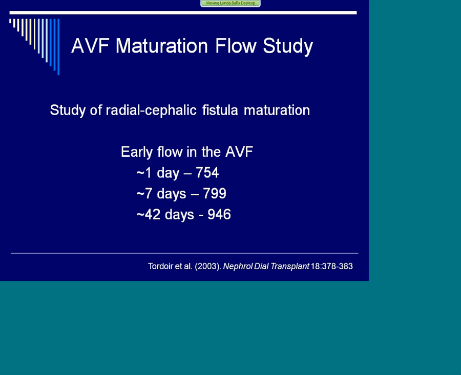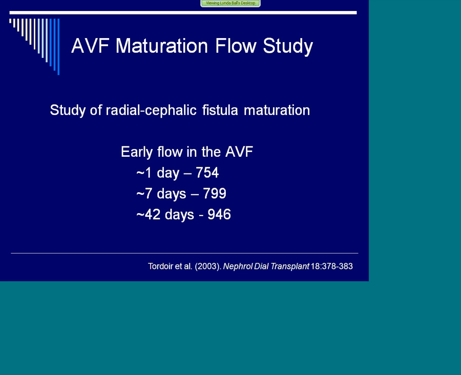Now, Torgwad did a study in 2003, and for his AVF maturation flow study, he looked at radiocephalic fistula maturation, so that's the forearm fistula. What he found, the early flow in the fistula at day 1 was 754. In 7 days, it was 799, so that's 1 week.